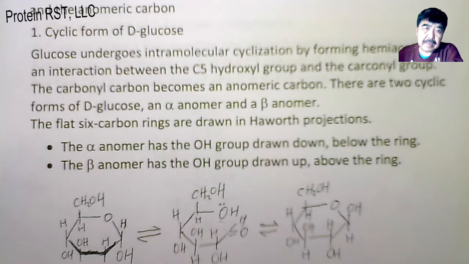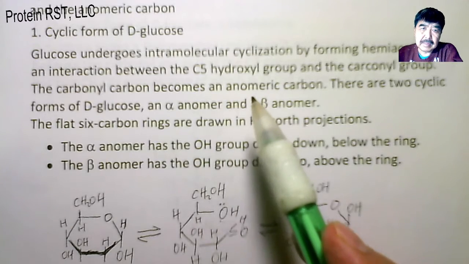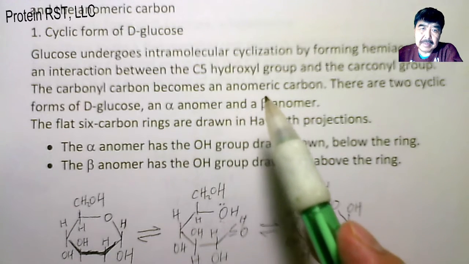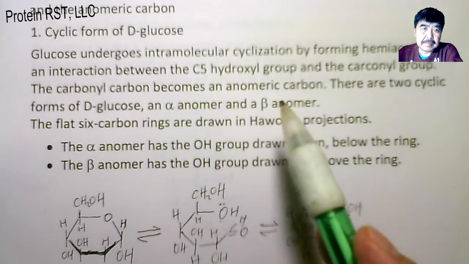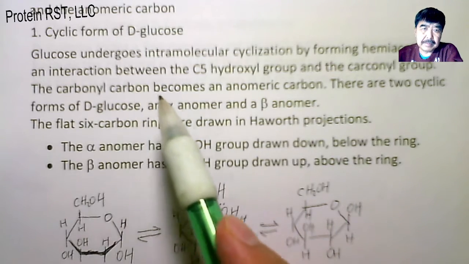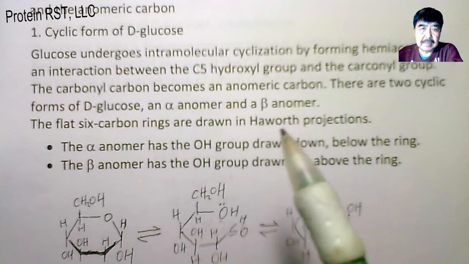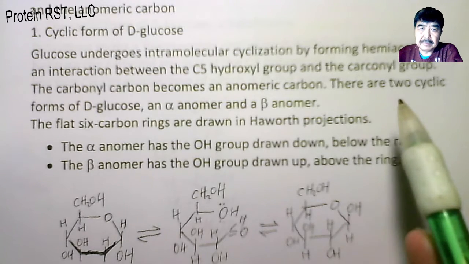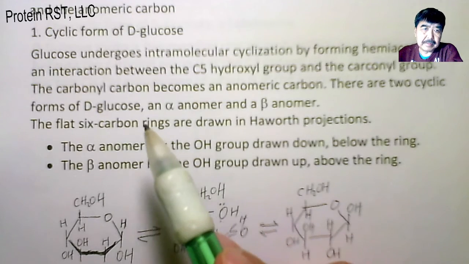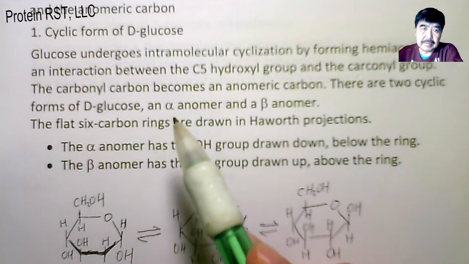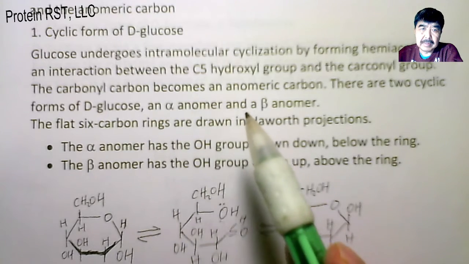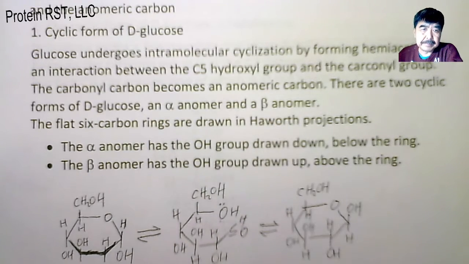The carbonyl carbon becomes the anomeric carbon after cyclization. There are 2 cyclic forms of D-glucose. One is the alpha anomer, another one is the beta anomer.